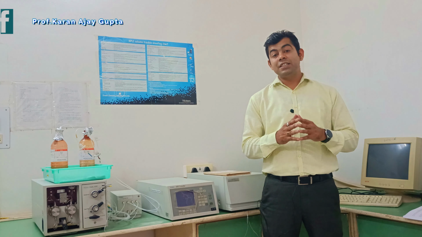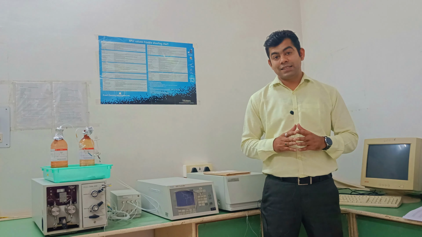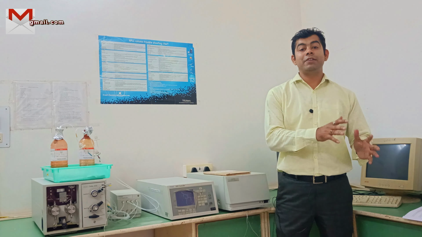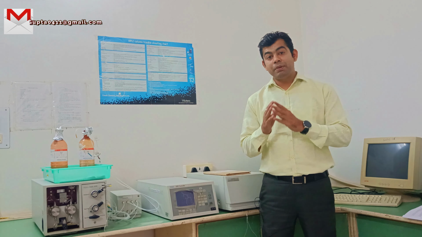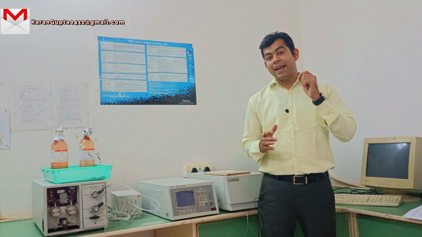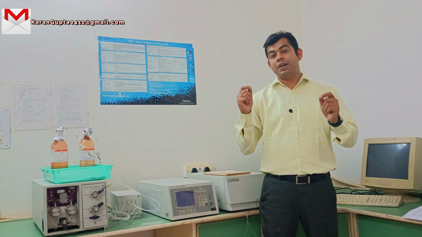The fourth and last is based on type of analysis. It is called qualitative analysis and quantitative analysis. What is qualitative and quantitative analysis? I explained this completely in the last video.